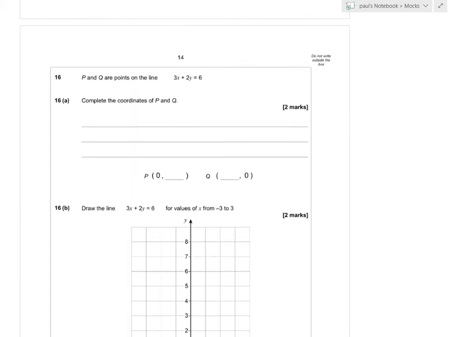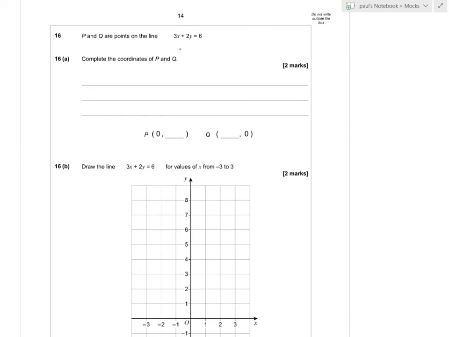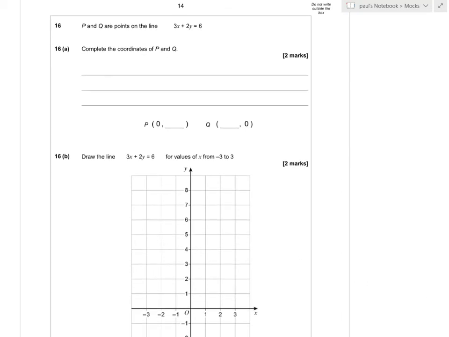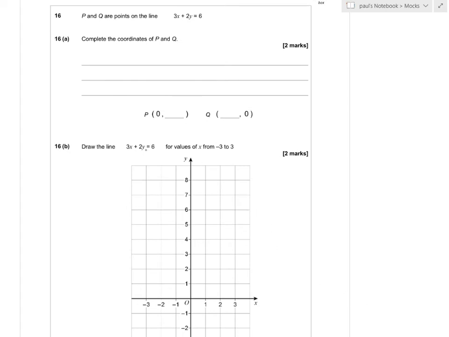P and Q are points on the line. Complete the coordinates of P and Q. So we don't know what the line is, do we? We've got to draw the line. When x is 0, so that will be 3 times 0 is 0 plus 2y equals 6.